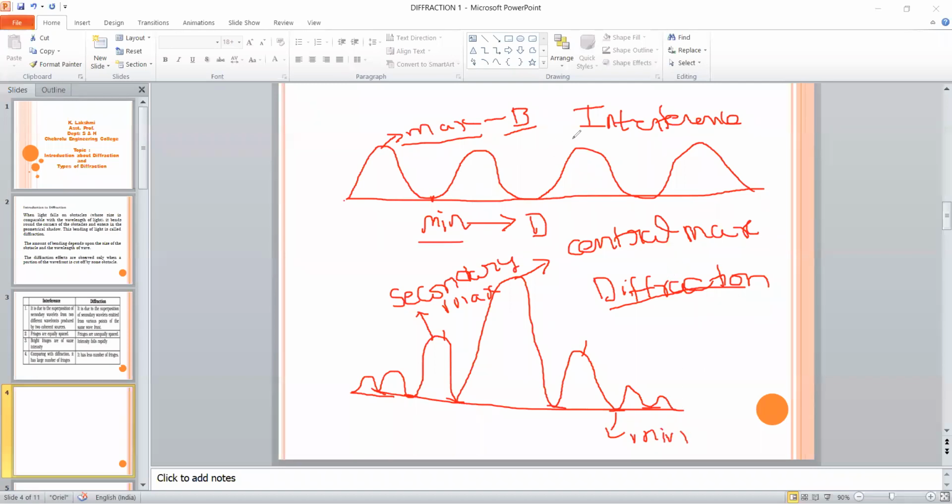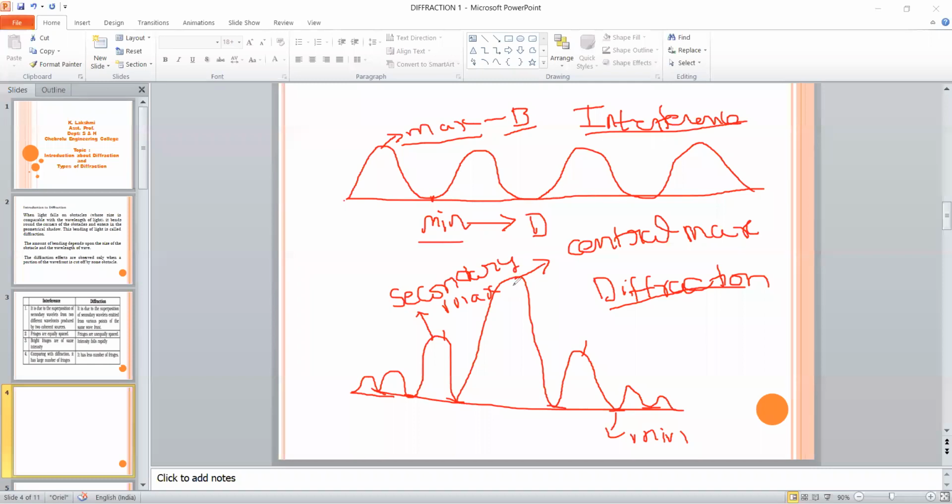Once again, I repeat. In interference, there are only two cases. One is maxima, which is the bright fringe case. The other is minima, which indicates a dark fringe. Whereas in diffraction, the intensity distribution curve has three cases.